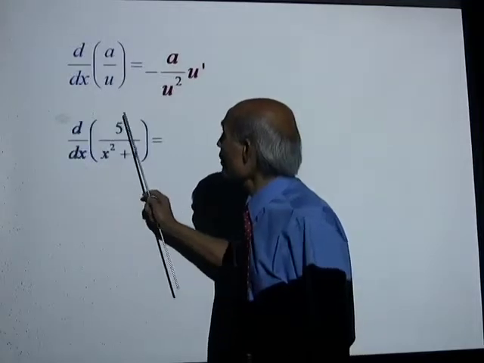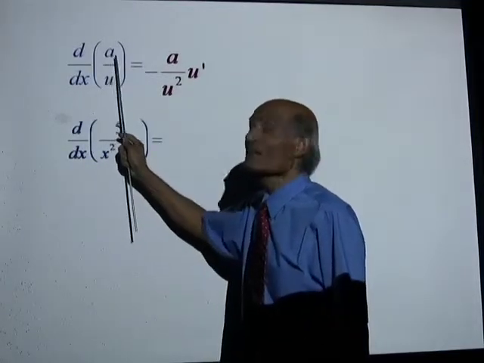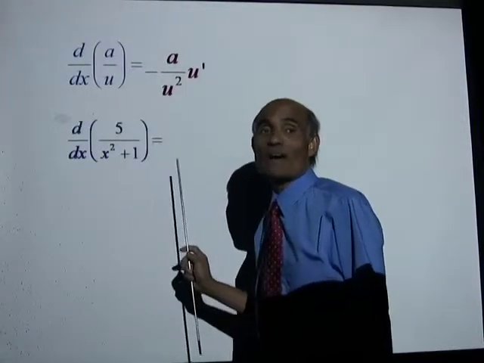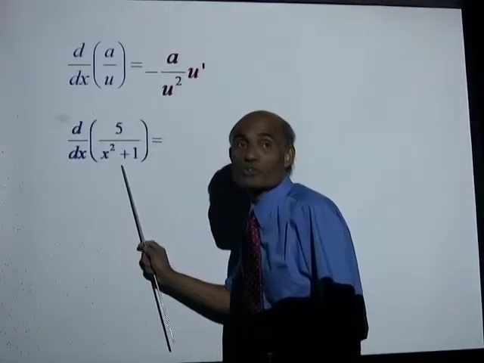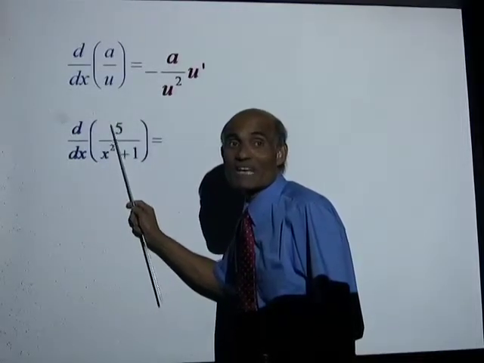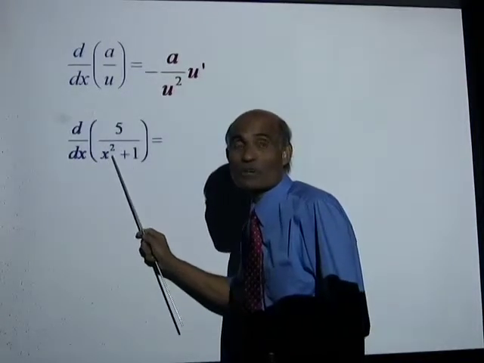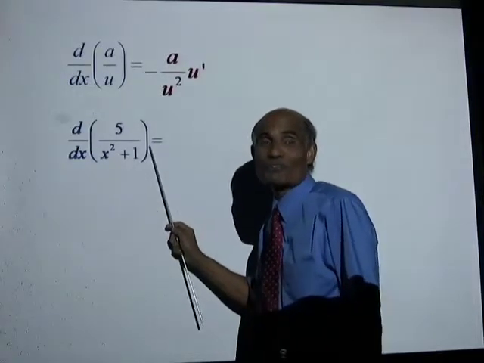d by dx of 5 over x squared plus 1. You can use that result right away here. What will that be? This is our A, this is our U. So that will be negative 5 over the square of x squared plus 1 multiplied by the derivative of this.